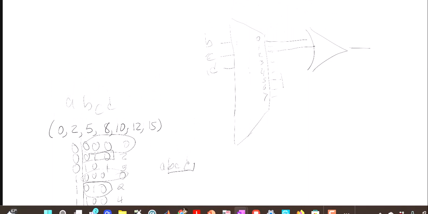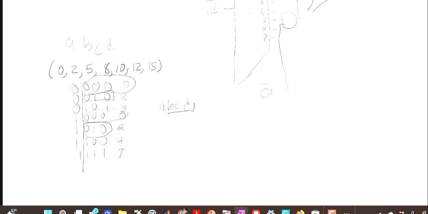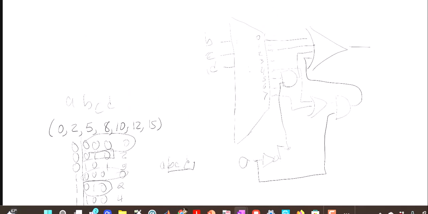So if I have 5 ANDed with not A, and 4 or 7 ANDed with A, and then the OR of those 4 things would make my function with the decoder.